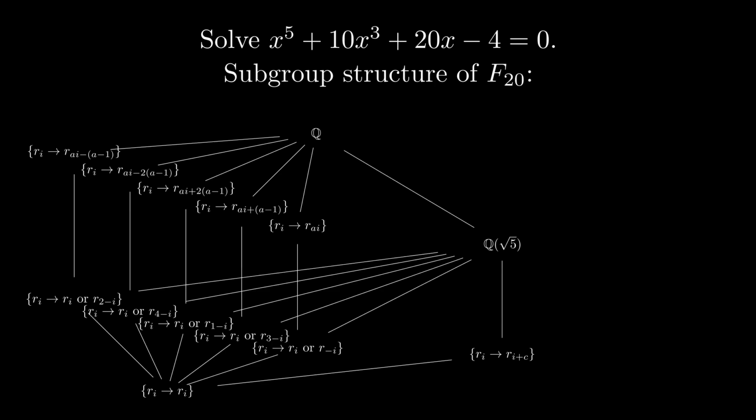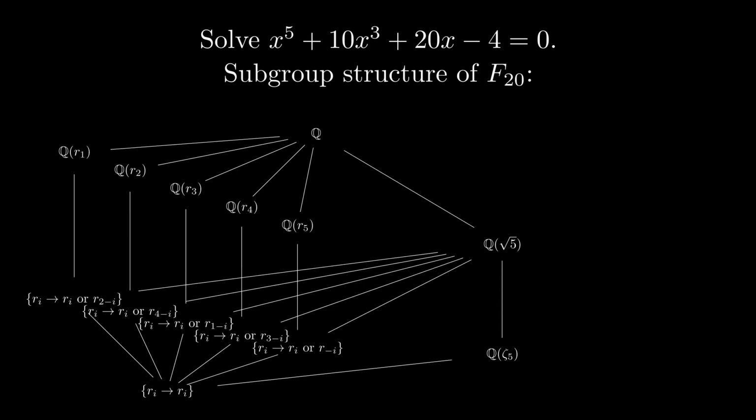So Q adjoin square root of 5 must lie between Q and Q adjoin zeta 5. Remember whose split primes are the 1 mod 5 primes. We don't really need to know what this field is for this analysis, but it's nice to have. And then the one below it has to be Q adjoin zeta 5 if we're correct. And then the 5 below Q certainly have to be Q adjoin each of the roots.